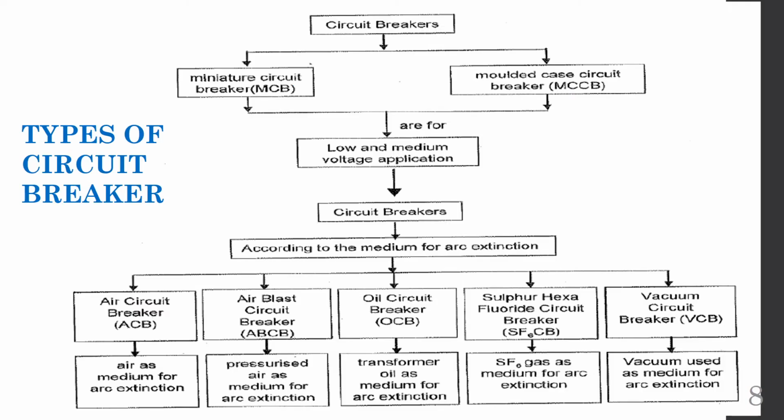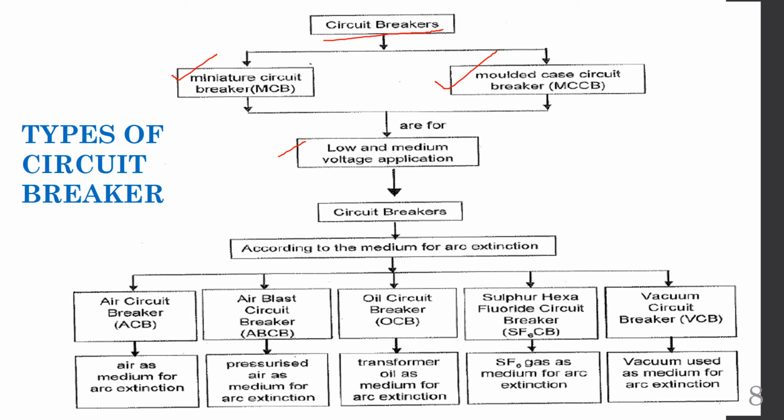Types of circuit breaker. The classification of circuit breaker can be very wide. Here, depending upon the low and medium voltage application, circuit breaker can be classified into miniature circuit breaker and molded case circuit breaker. In your house, you must have seen the miniature circuit breaker.